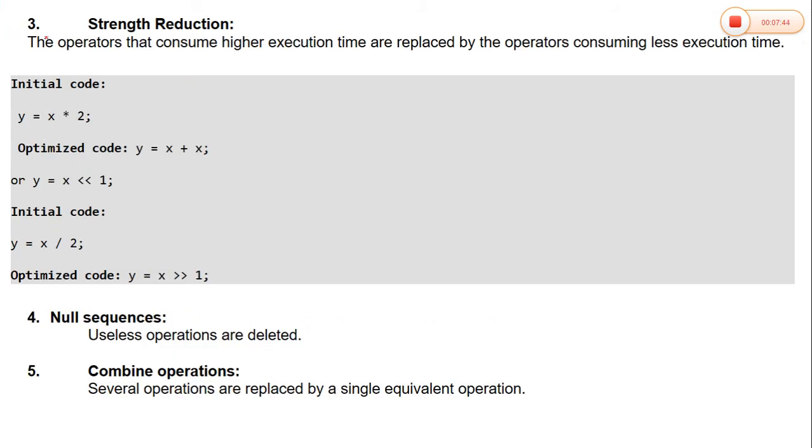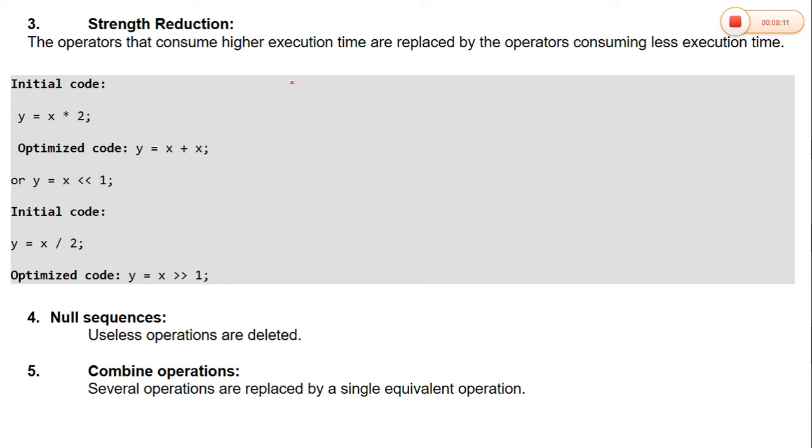Third technique is strength reduction. Operators that consume higher execution time are replaced by operators consuming less execution time. We know that in any language there are different types of operators available, and their cost is different.